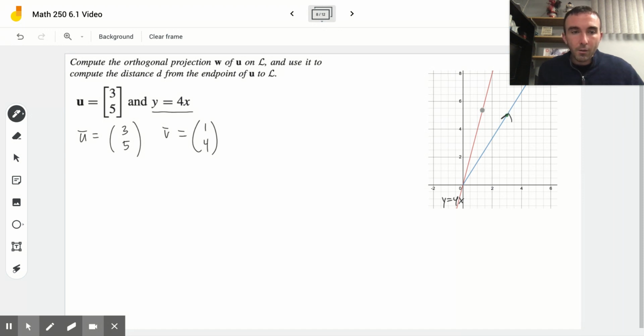If you're thinking of it in a tip-to-tip format, what we're trying to find is the orthogonal projection of the blue onto the red. So that's our goal here. What kind of segment can I draw from the blue onto the red that hits at a right angle? So that's what we'll be working at here. All right, so the first thing we do is we want to use what we found on our previous discussion.